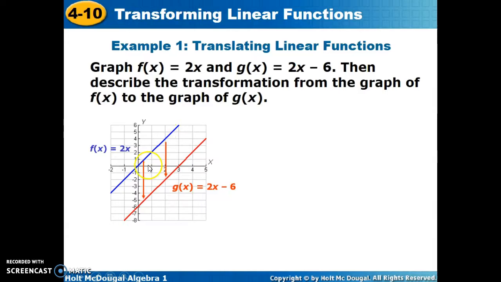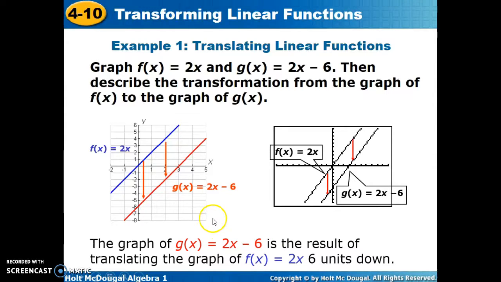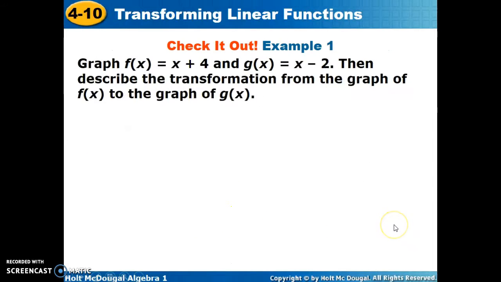We know that this graph, y equals 2x, notice the slope up 2 over 1. All points have slid down 6 based on that new y-intercept. We can use our calculator to see these quickly and easily as well. So the graph g of x is the result of translating f of x 6 units down.